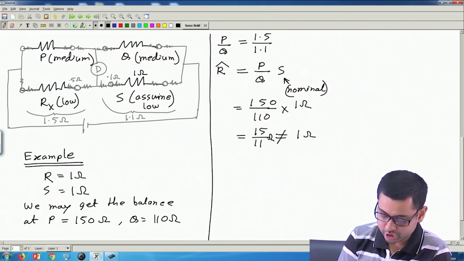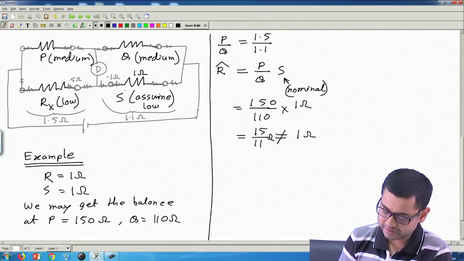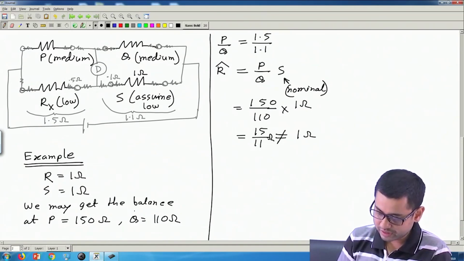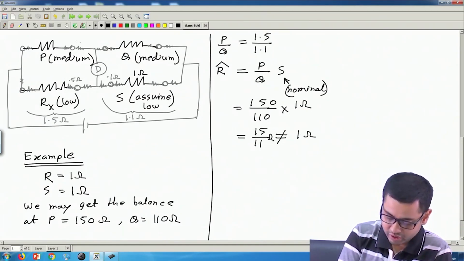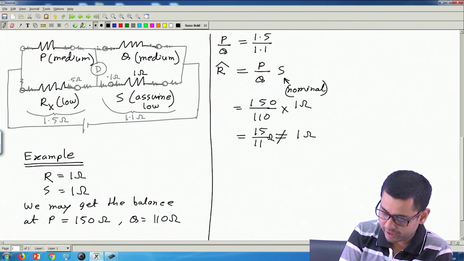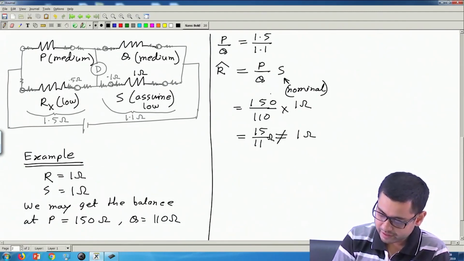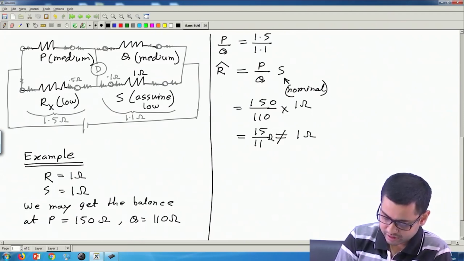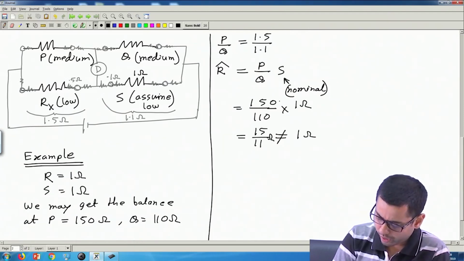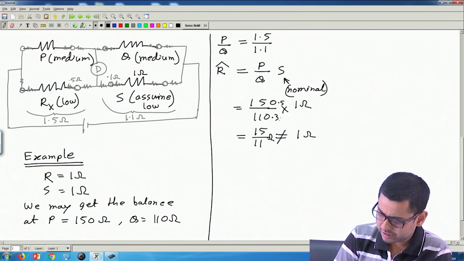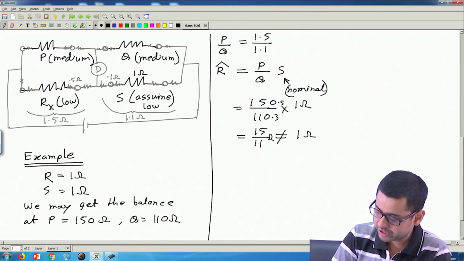And this problem is due to these contact resistances. Now these contact resistances do not create much problem, because even if we had added a small quantity to 150, like say 150.5 and say maybe 110.3, these small quantities do not create any problem, because the ratio remains almost the same.